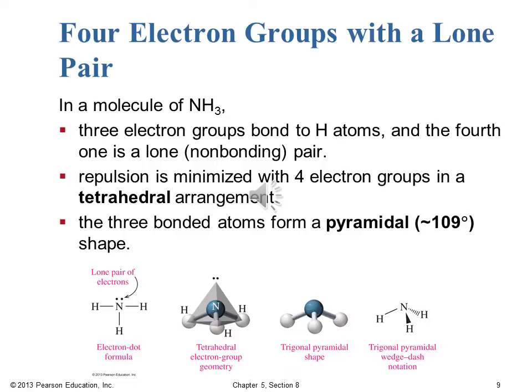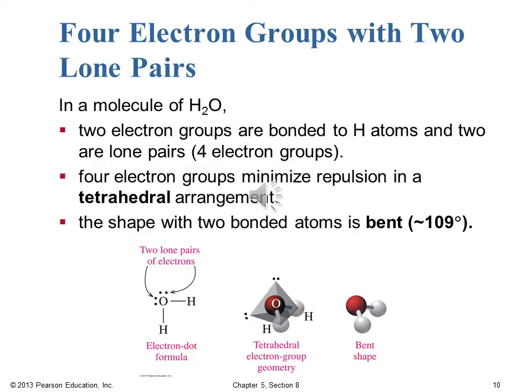So we see at the far right that trigonal pyramidal wedge dash notation. We have the one NH bond in the plane, another coming out at us, and still a third going back away from us. So sort of like a pyramid with now just the three bonding groups, the one lone pair that doesn't influence the molecular geometry.